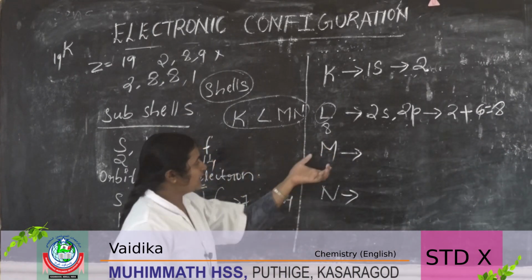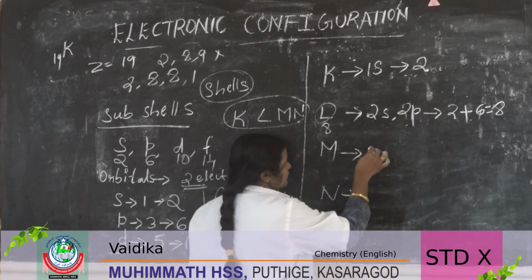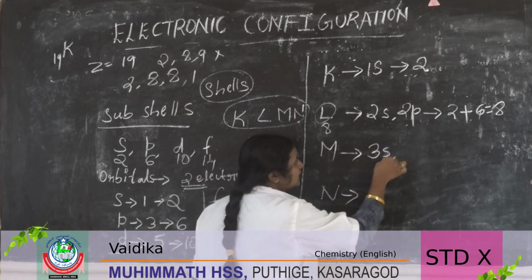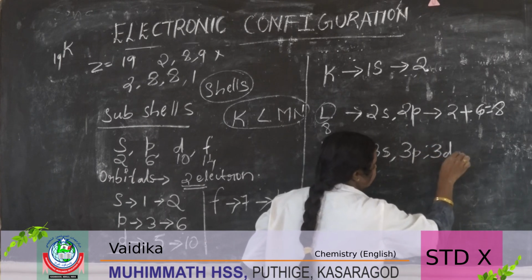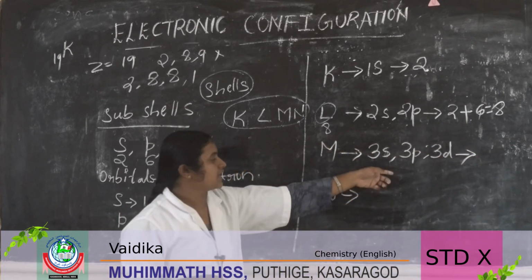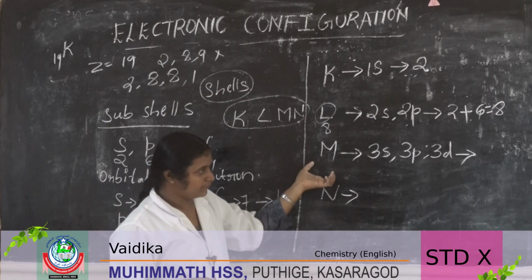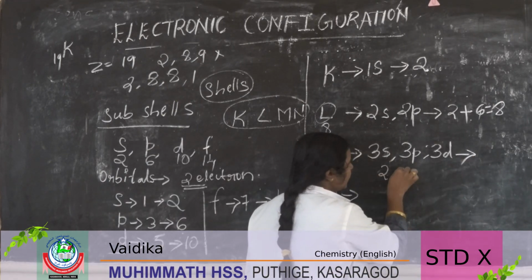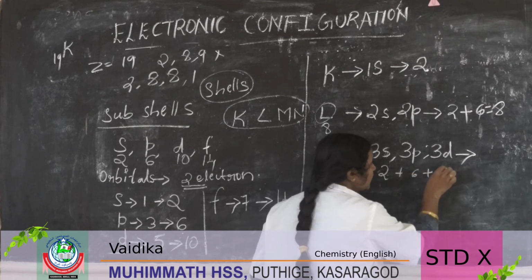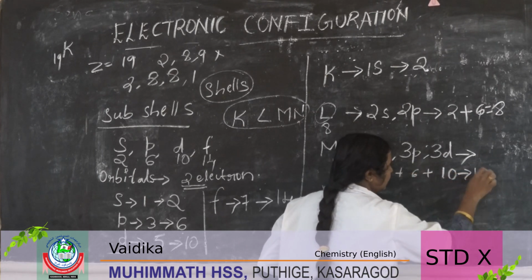In the M shell, how many subshells are there? It has 3: 3s, 3p and 3d. There are 3 subshells present in M. So 2 electrons in S, 6 in P, 10 in D, which gives 18.